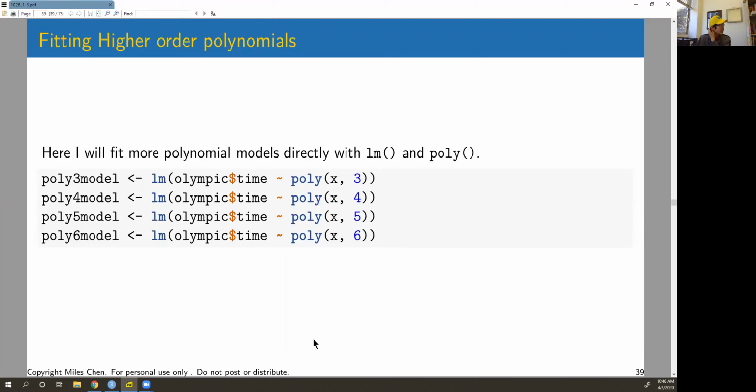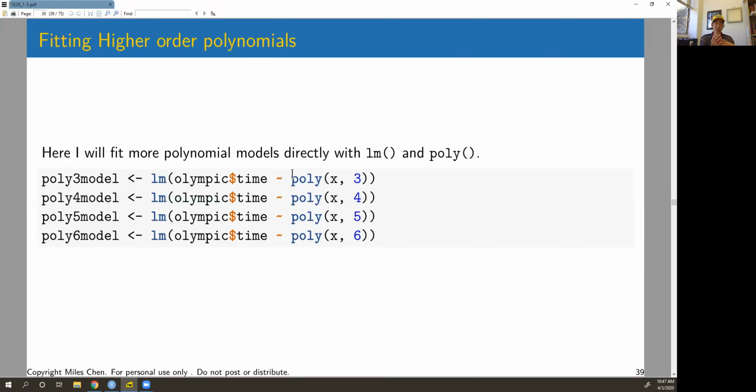I can easily create all of these different order polynomial fits in R very quickly using this polynomial function. So I don't have to go and create another X matrix with a column of ones, column of X's, X squareds, and now X cubes, and then X to the fourth power, X to the fifth power, X to the sixth power. I could do that, and I would get the same fitted values.